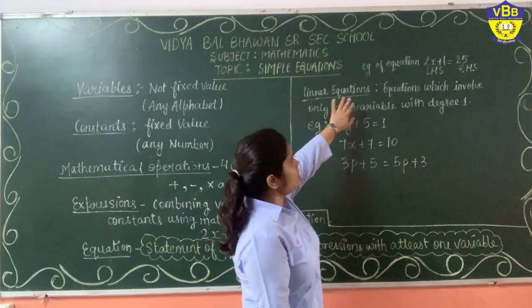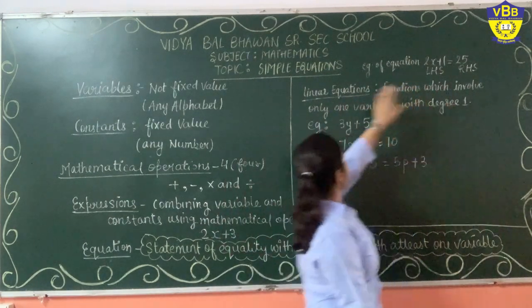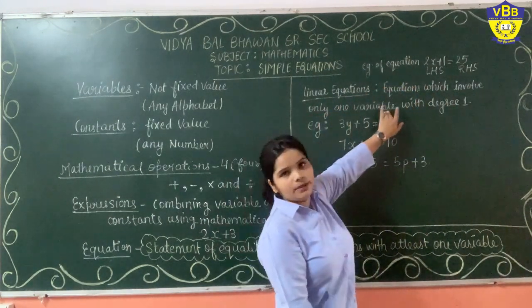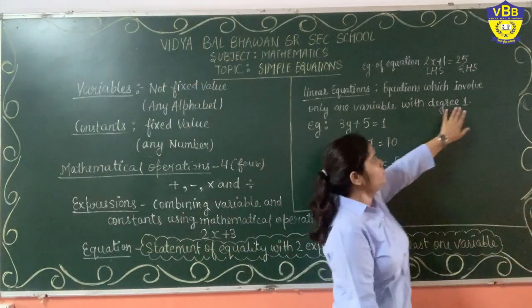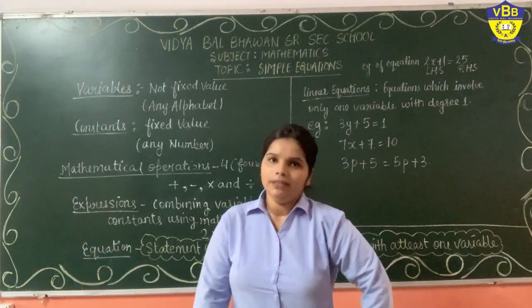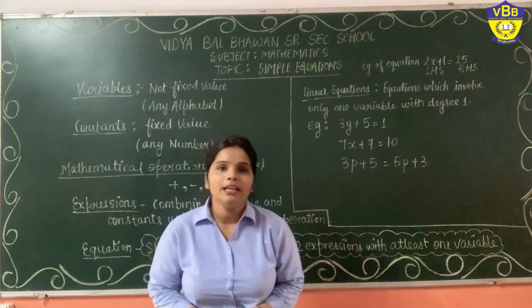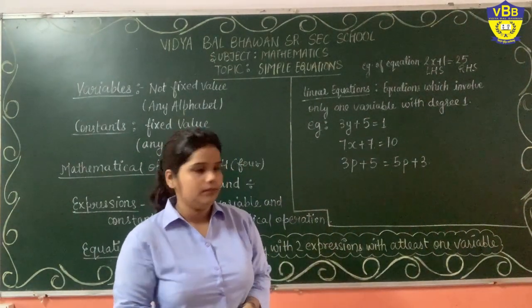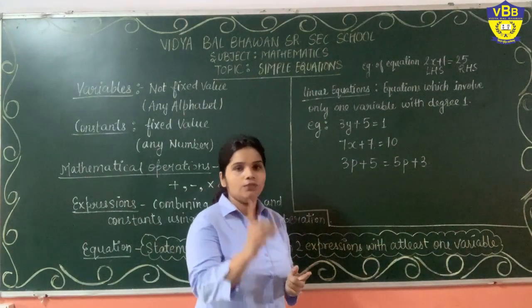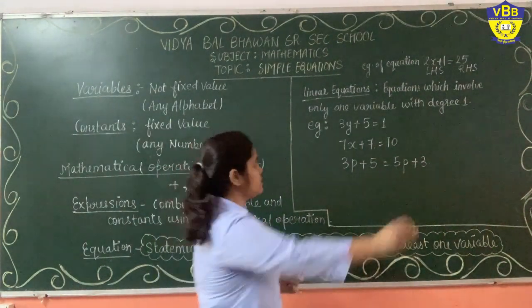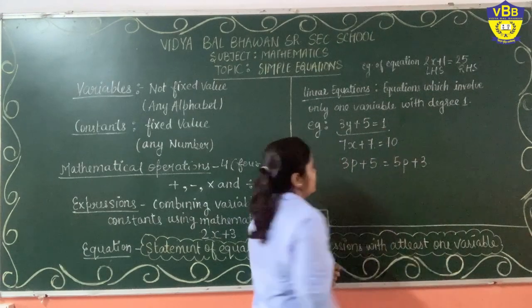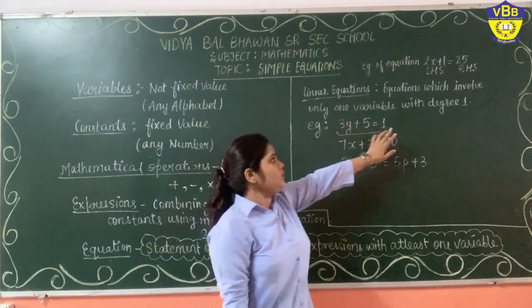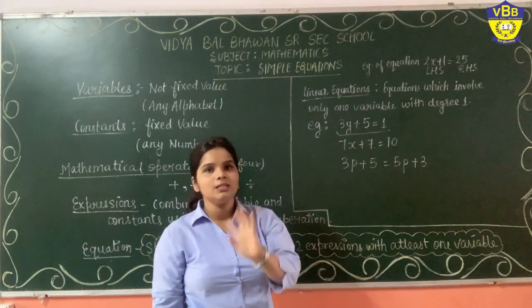Okay, so linear equations are equations which involve only one variable with degree 1. Basically, what is degree? Degree is the power of the given variable, the highest power of the given variable in the equation. Suppose we have this equation here. This equation has only one variable, that is y.